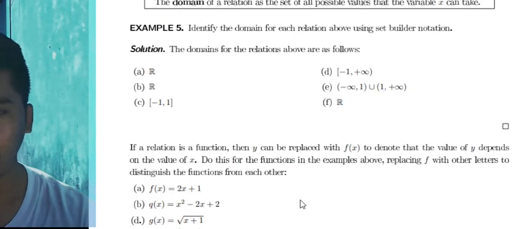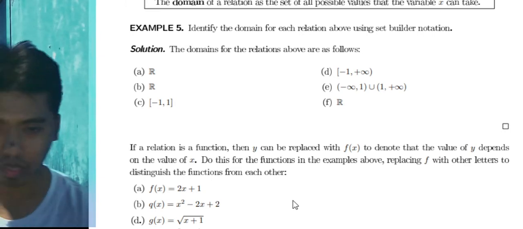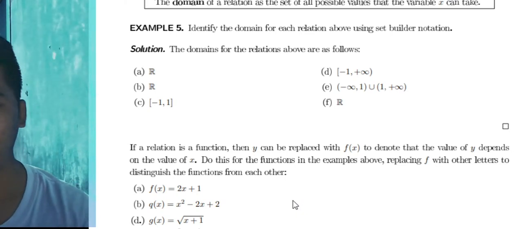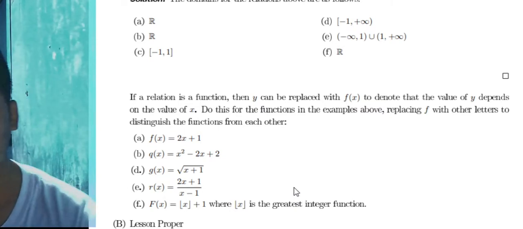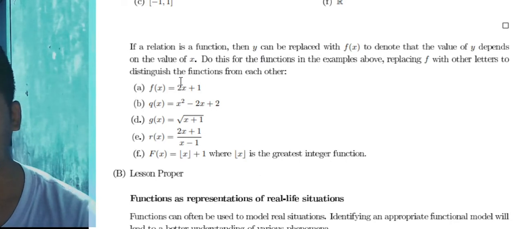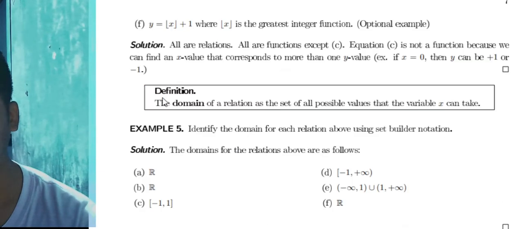If a relation is a function, then y can be replaced with f of x, or a function of x, to denote that the value of y depends on the value of x. Do this for the functions in the examples above, replacing f with other letters to distinguish the functions from each other. For example, here we change the y into f of x.